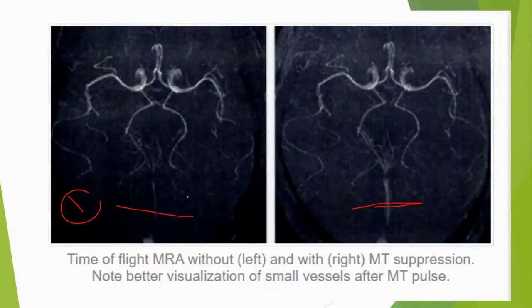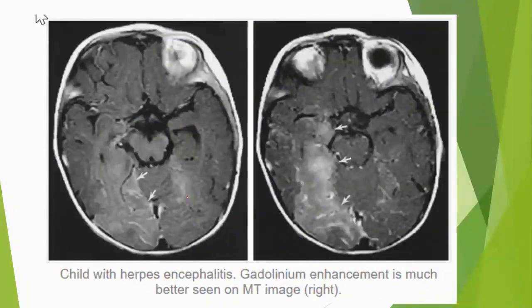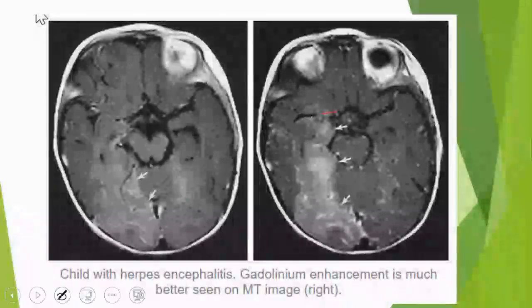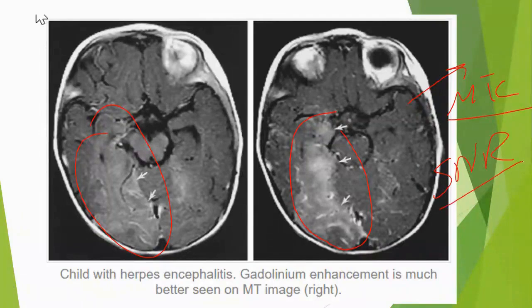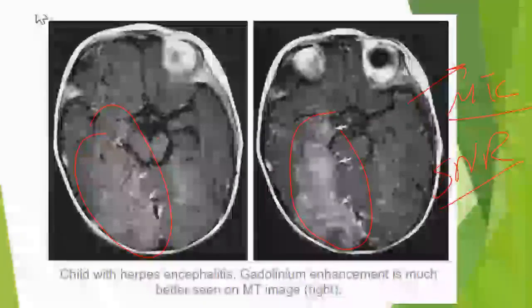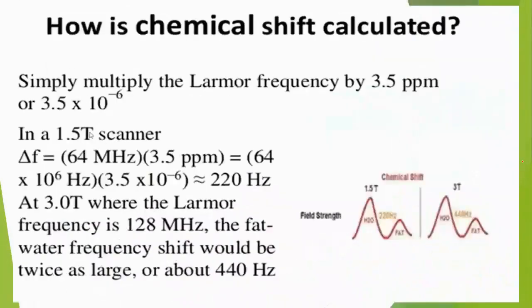They can use it with contrast agents, especially with MRI and angiography. For example, as you can see here, there is a lesion in the same place where gadolinium enhancement is applied, in the right image, because I used MTC. This is because you created a separation of the tissues around your contrast agent, which increased the SNR, making the contrast agent appear in your lesion.